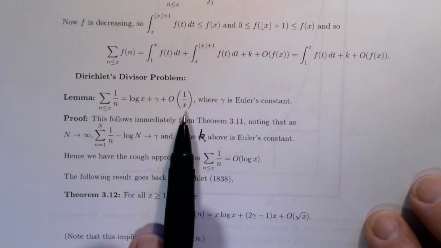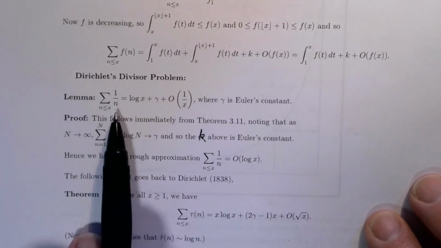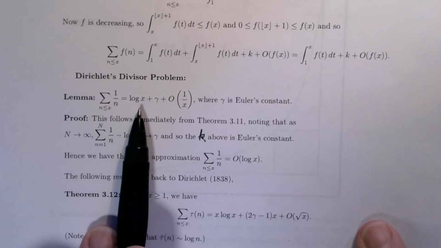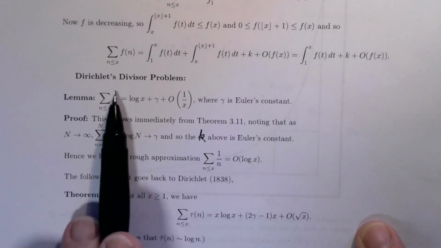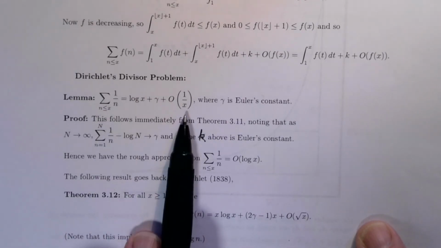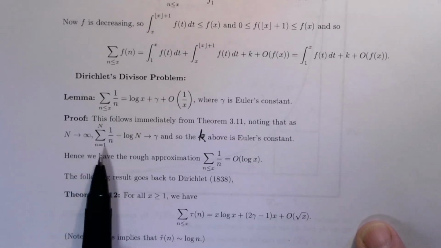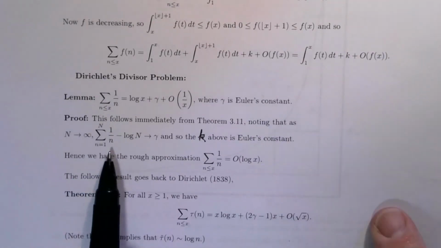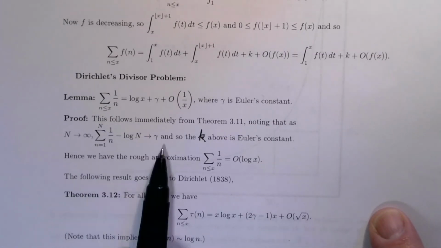Now this follows immediately from our formula, because all I do is integrate 1 over x, which gives me log x. I pick up a constant, we don't know quite what it is at the moment, plus big O of 1 over x. But if we take the limit as n goes to infinity of the sum from n equals 1 up to capital N of 1 over n minus log n, then we know this, of course, goes to the Euler-Mascheroni constant.